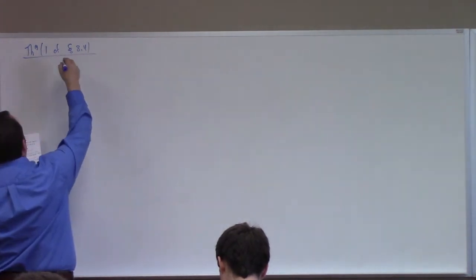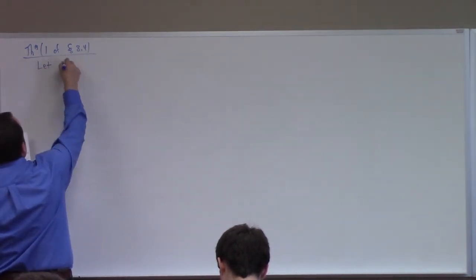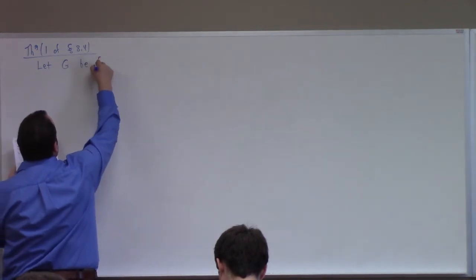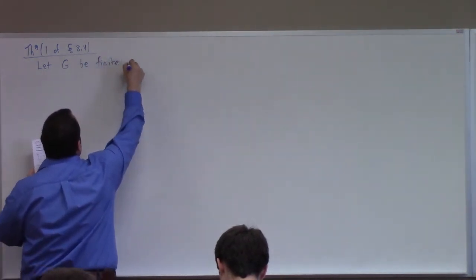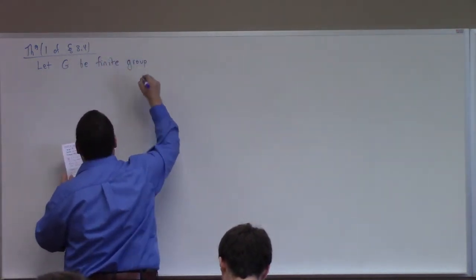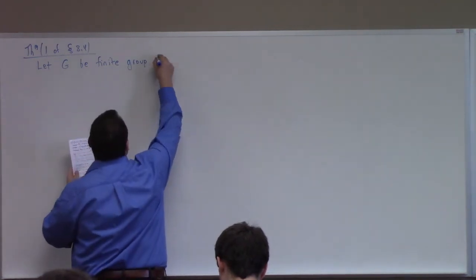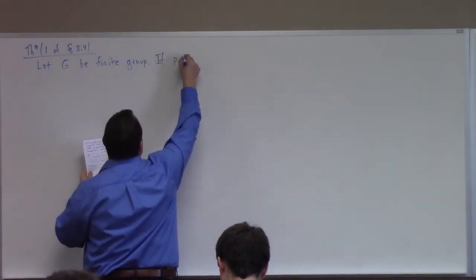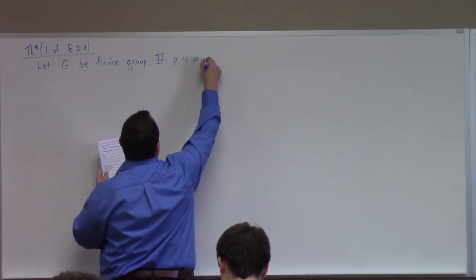It says the following: let G be a finite group. If p is prime, said I wasn't going to write it. Oh well, it's too late.